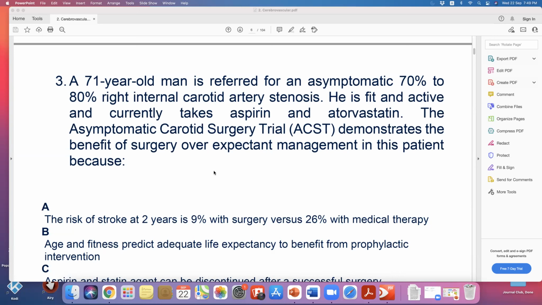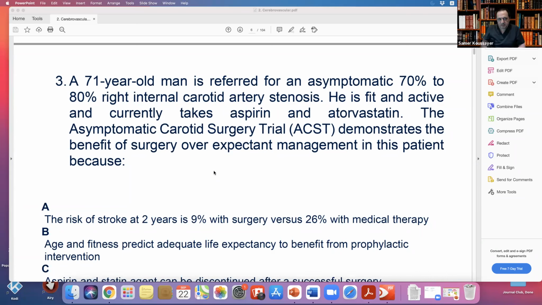The Asymptomatic Carotid Surgery Trial demonstrated the benefit of surgery over expectant management in this patient because he is asymptomatic, 70 to 80% right internal carotid stenosis, active and fit. So according to the ACST study, the asymptomatic carotid trial from 1995, he will benefit from surgery, right? Yes, because he's fit, and he's 71.